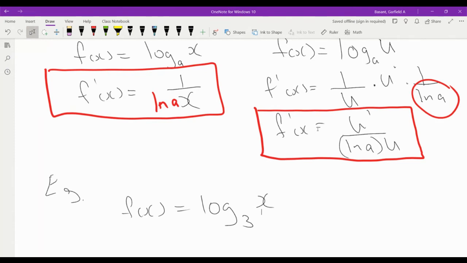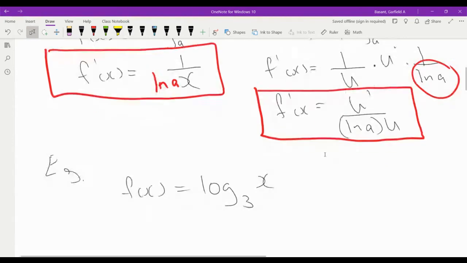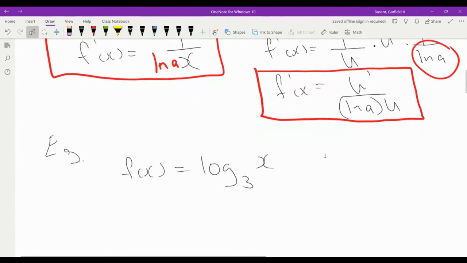I agree with that. So first thing we have to do is determine, is this a base e or a base a problem? Is this base e or a? Base a.